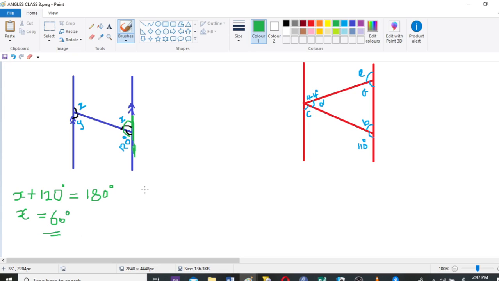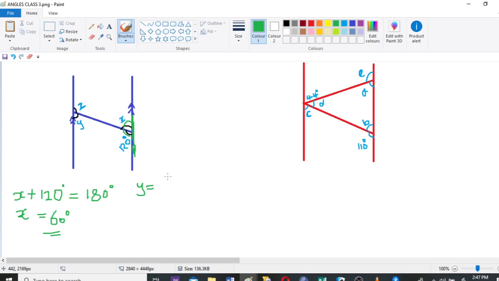But what about the value of y? Just applying the properties there, we see that x and y, as we saw in the previous video, are what we call interior alternate angles. So these are alternate angles, x and y, and they are equal.